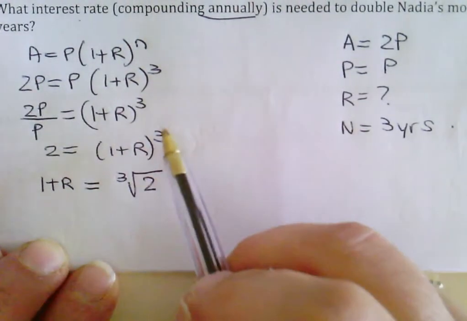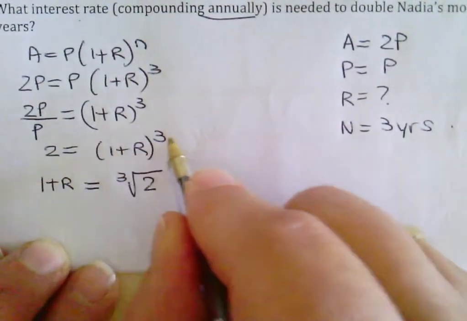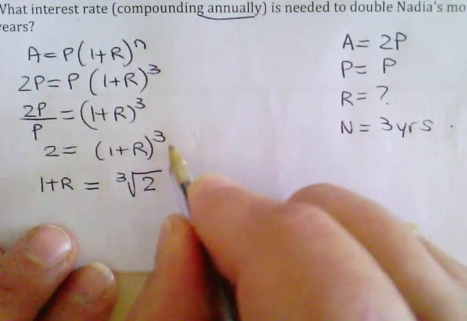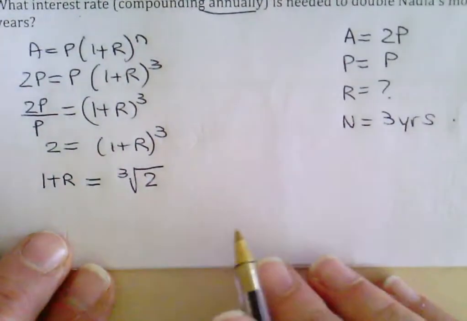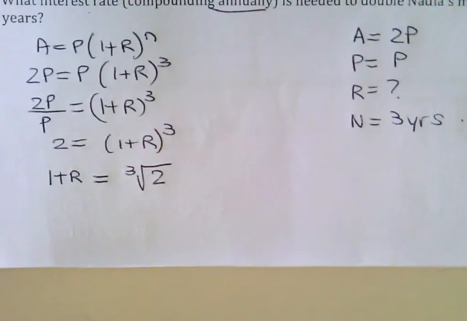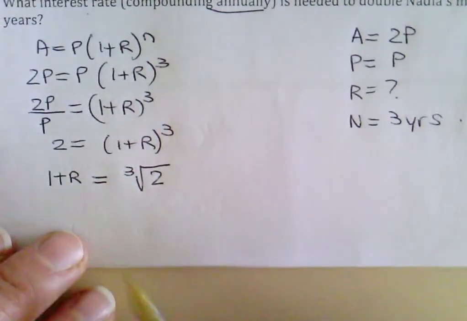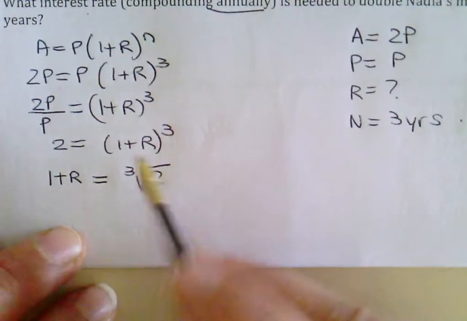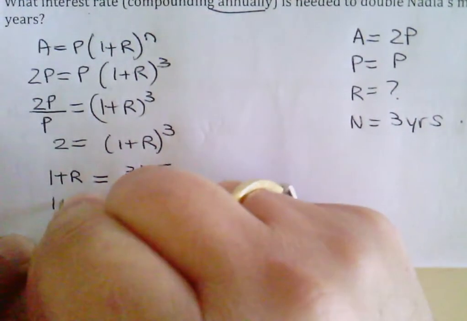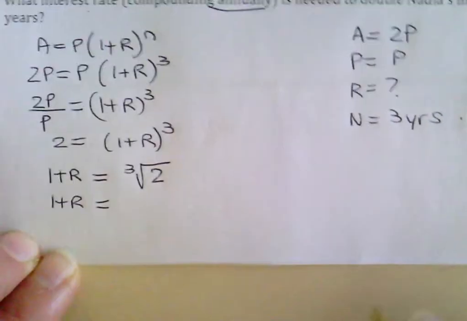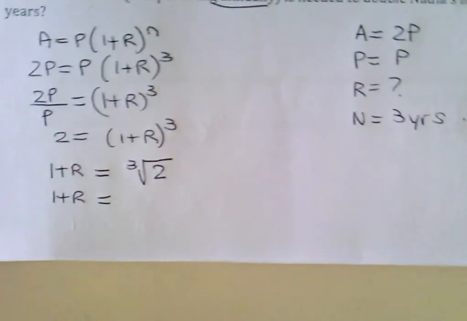That is the opposite of cubing. So if you want 1 plus R, the inverse operation of cubing is cube root. I've swapped sides, by the way. 1 plus R is the cube root of 2. So 1 plus R, what's the cube root of 2? In other words, what times what times what is 2?